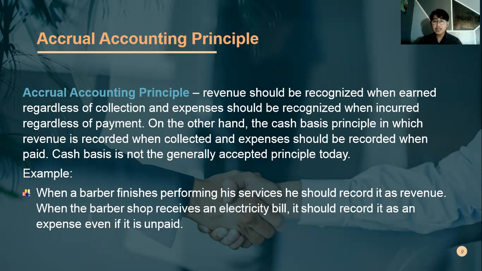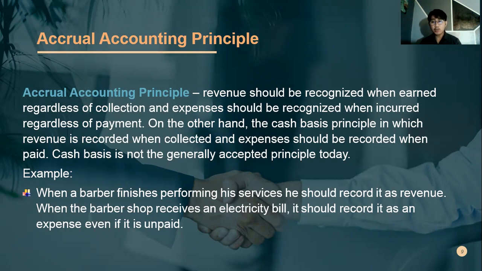Cash basis is not a generally accepted principle today. So to make it clear, I have an example. When a barber finishes performing his services, he should record it as a revenue. Okay, so when we say revenue, it is the sale minus expenses.